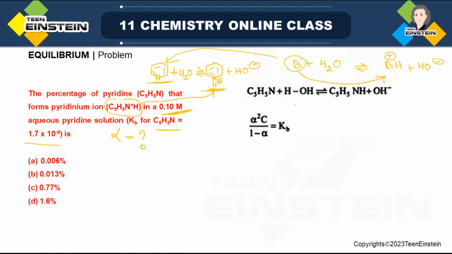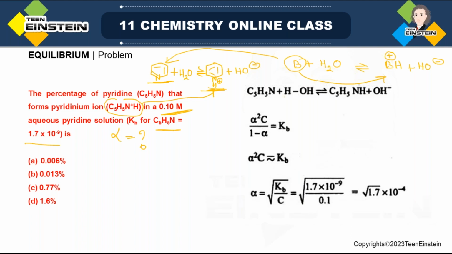So this is the same equation that we have already written. Kb value is alpha square C divided by 1 minus alpha, right? But as we do the approximation, because 1 minus alpha is almost equal to 1, ultimately it simplifies to this. So alpha is root over Kb by C. The Kb value is 1.7 times 10 to the power minus 9, and C is 10 to the power minus 1. So ultimately it will be root over 1.7 times 10 to the power minus 8.